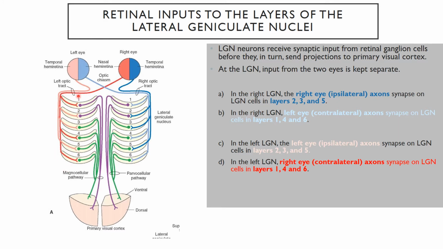So the information from each eye is still segregated so that the brain can process the information from both eyes separately in order to provide things like binocular vision. But then we also, within the LGN, have 2 outputs, which is the magnocellular pathway, which is really important for movement and contrast, and the parvocellular pathway, which is really important for color, as well as a bunch of other visual processes. But color, primarily, is the most important one.